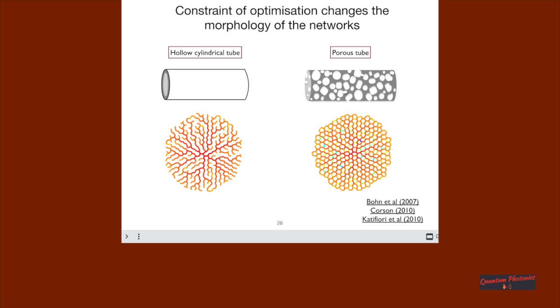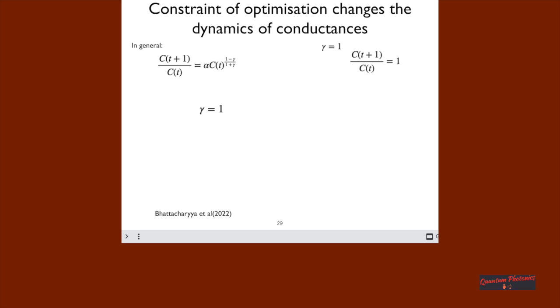That means there are no tubes decaying irreversibly in this kind of network, which is also shown by our analytical calculation. We can calculate analytically how the conductances for the small tubes are going to change for different gamma, and we see that for gamma equal to 1, the change of conductances for the small tubes is equal to 1.